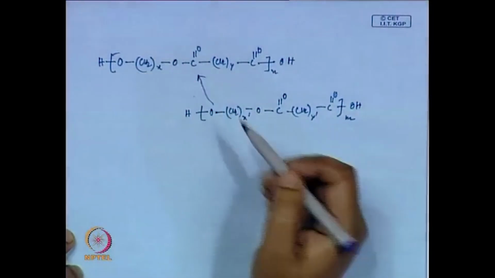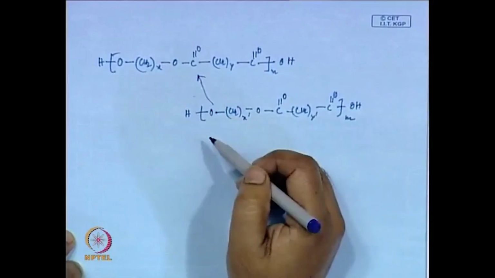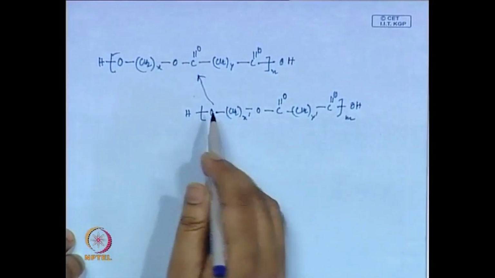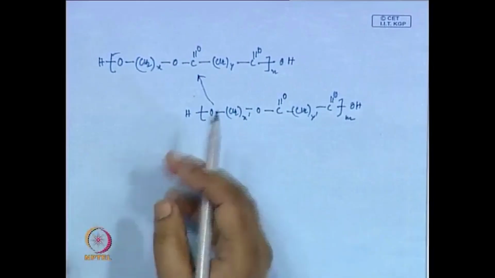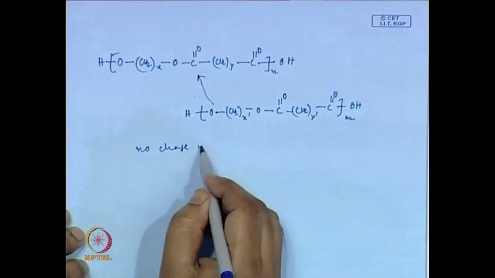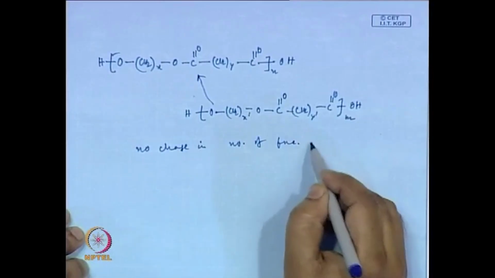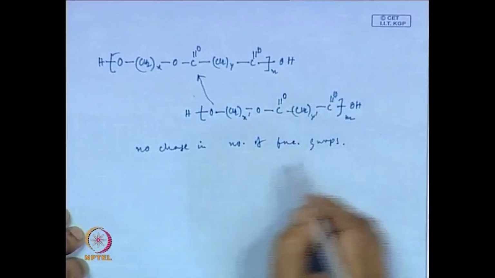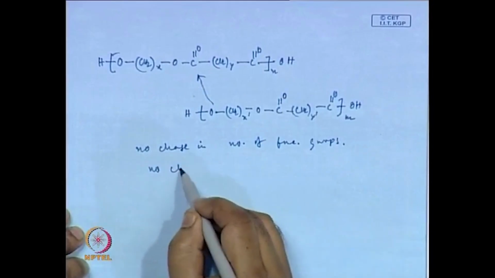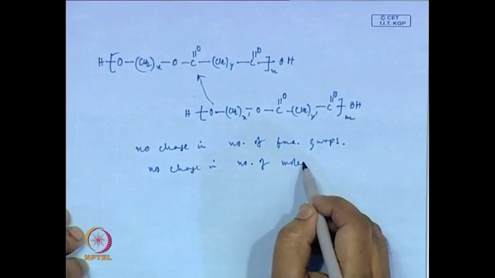Now, this molecule can again do a nucleophilic substitution reaction, and they can exchange the parts in two different chains, but in this case there is no change in the number of functional groups, so no change in the number of molecules either.